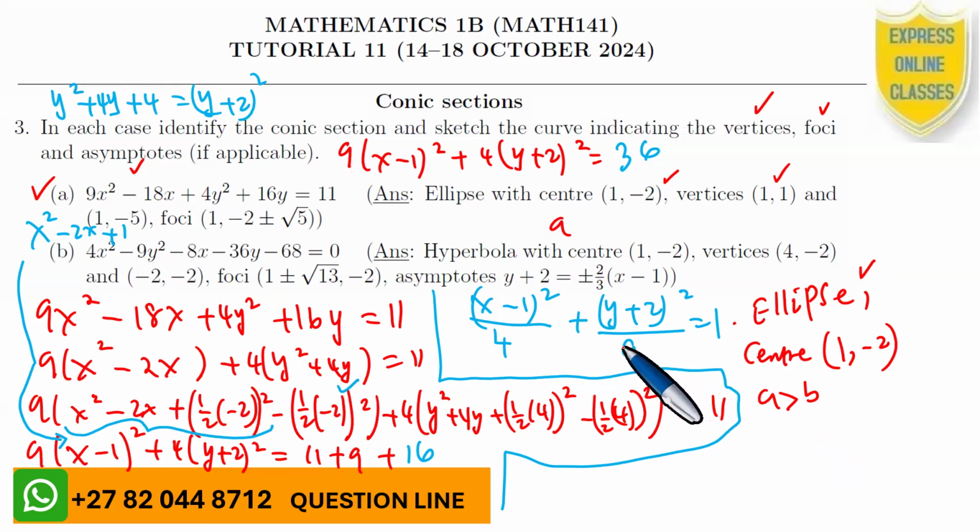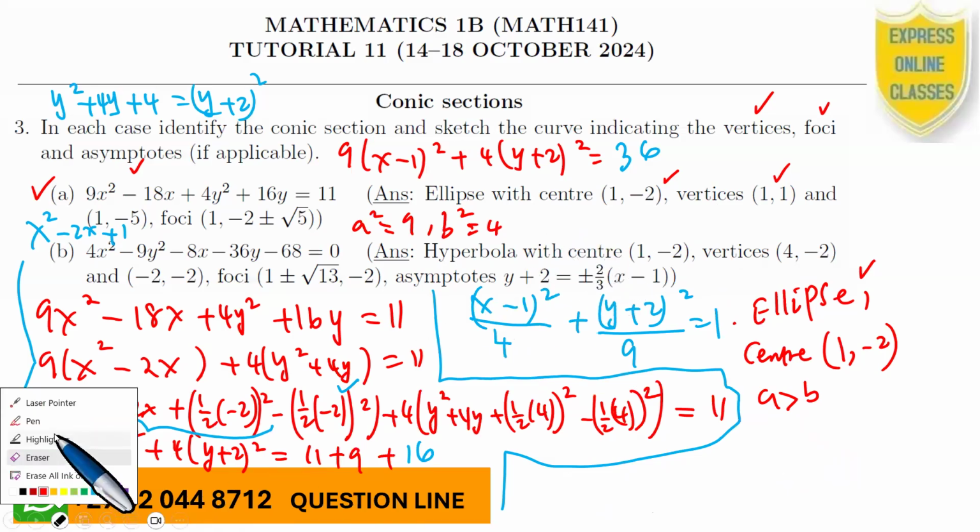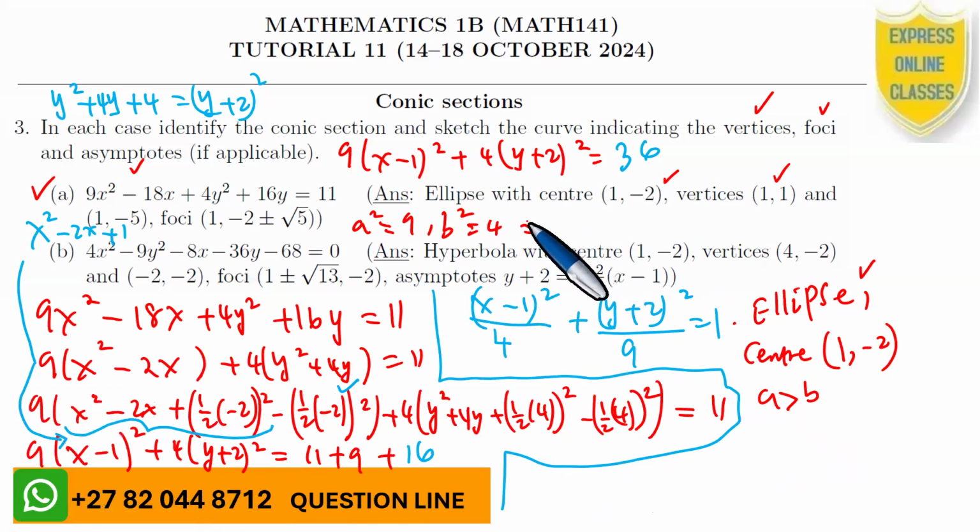So at this point, we write A squared is equal to 9, B squared equals 4. And this means A is 3, B is 2.